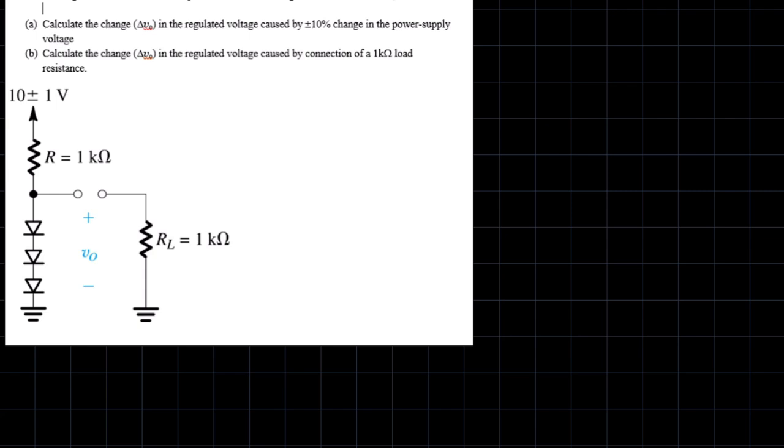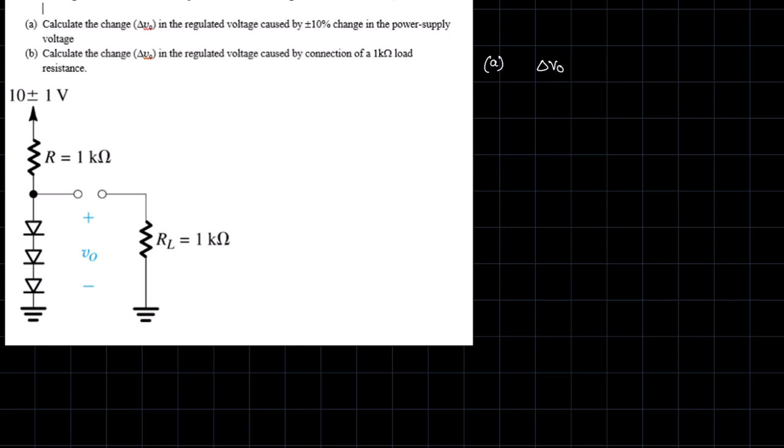In the very first part, it is asking to calculate the change delta V naught, a change in the regulated output voltage, caused by plus or minus 10% change in the power supply voltage, that is the input voltage.